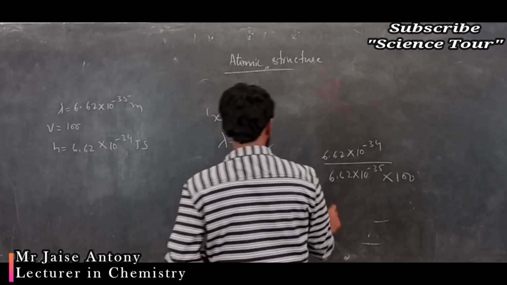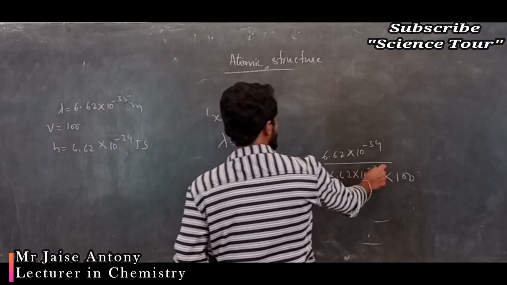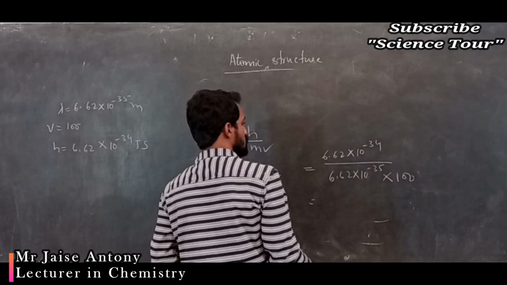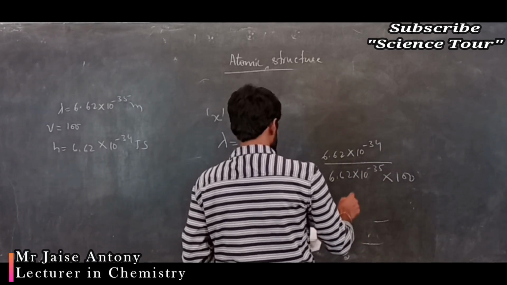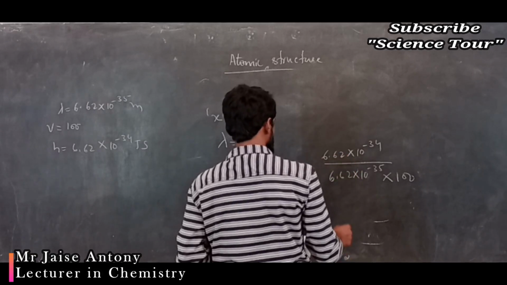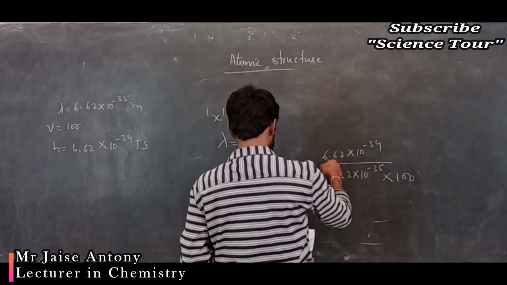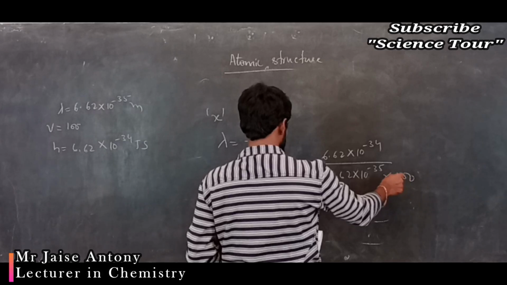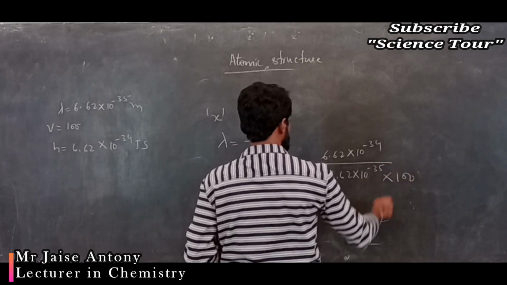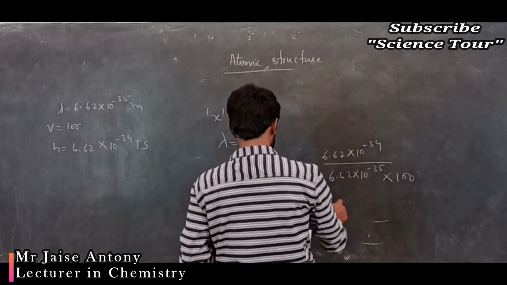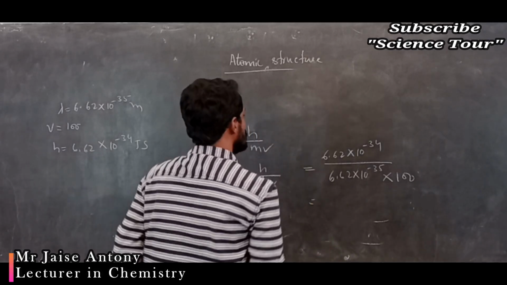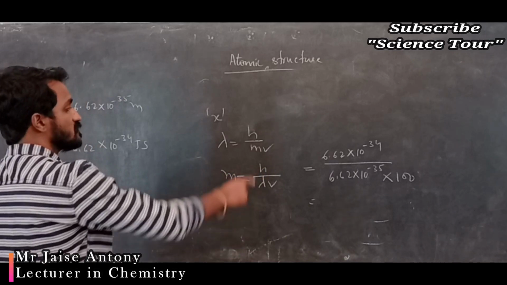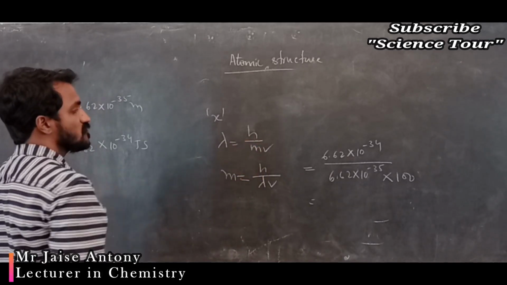So first thing you have to solve this particular minus 5, this becomes 10 to the power minus 1, and 6.62 is there, here 6.62 gets cancelled, here 1 divided by 100 it comes, understood? 100, that means here 10 to the power minus 1.